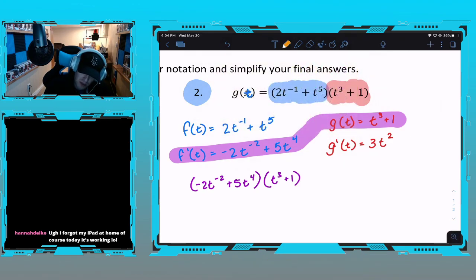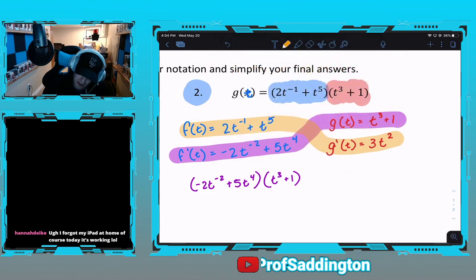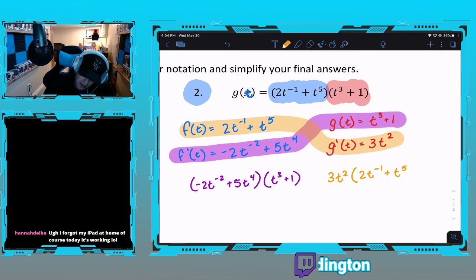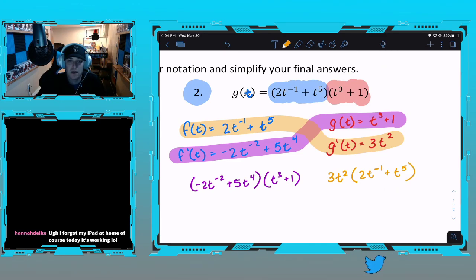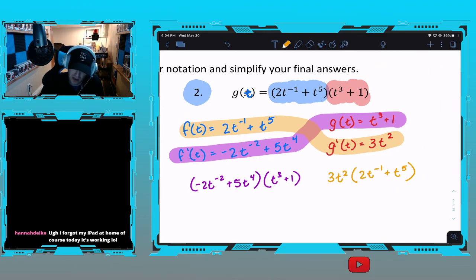And now I have to do the second derivative, and I'm going to multiply it by the first term, first factor. That's the vocabulary word I was looking for. So I'll have 3t squared times 2t to the negative 1 plus t to the fifth. Now, because this is a product rule, between those two, product and addition are always what goes together, so I have to put a plus sign.